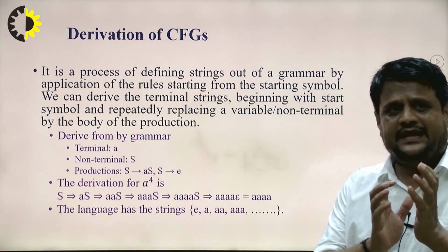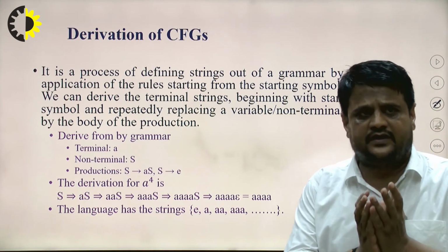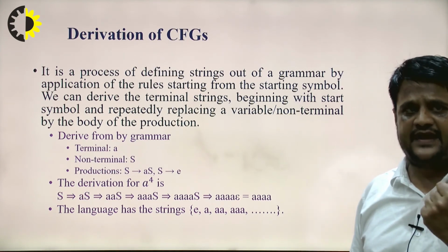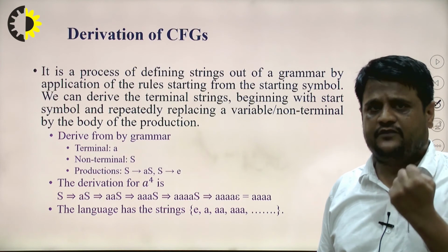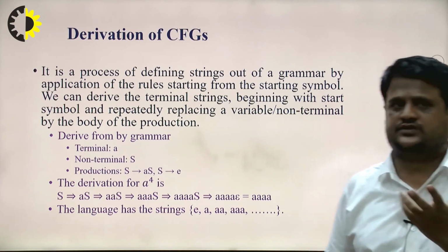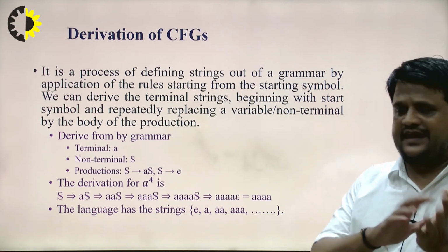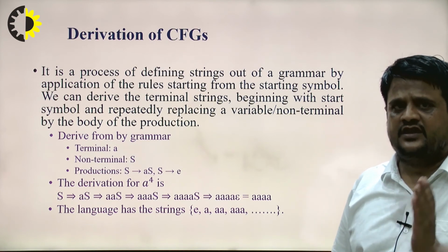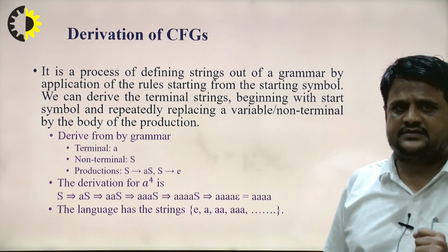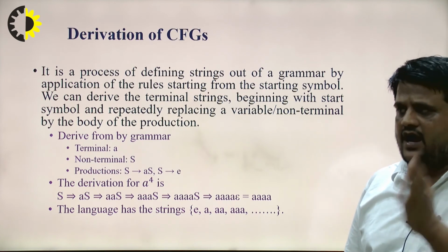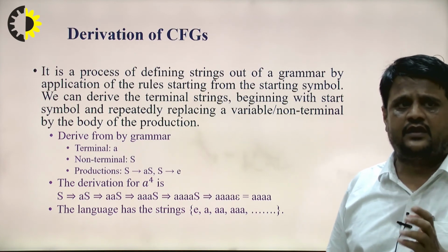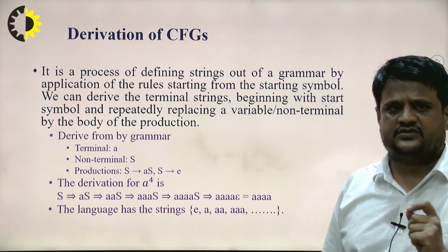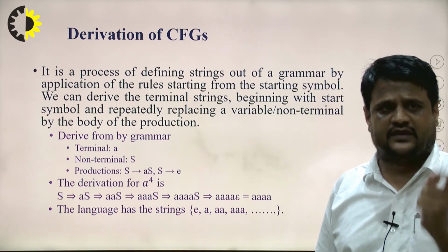So basically, derivation of a context-free grammar is a process of deriving strings from a grammar by application of the rules starting from the starting symbol. So we can derive the terminal strings beginning with the start symbol and repeatedly replacing a variable, or you can say non-terminal, by the body of the production, the right hand side of the production.